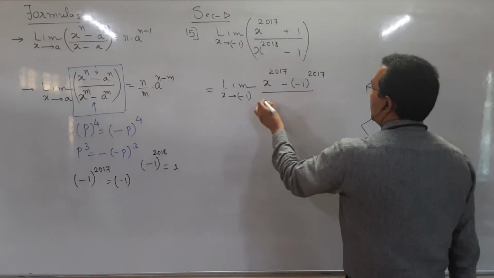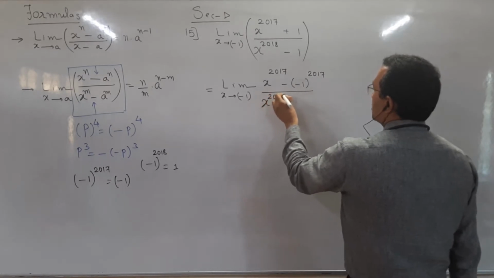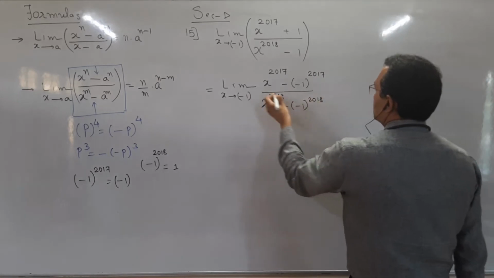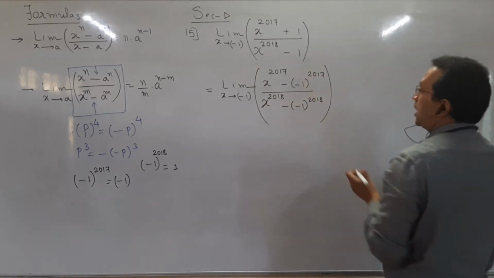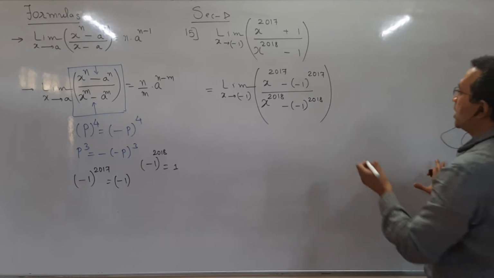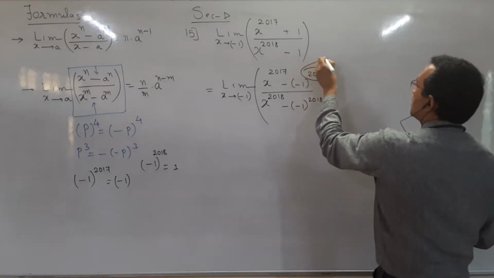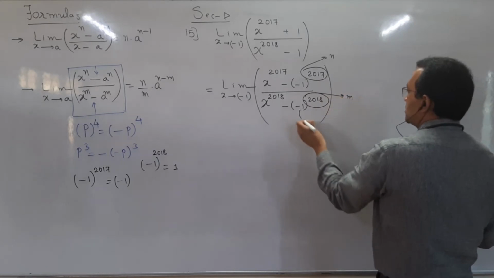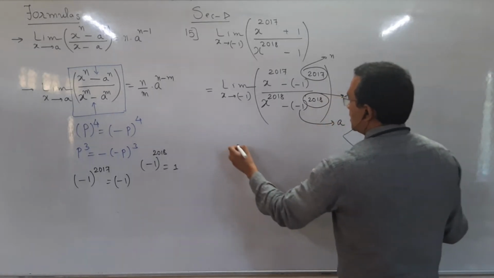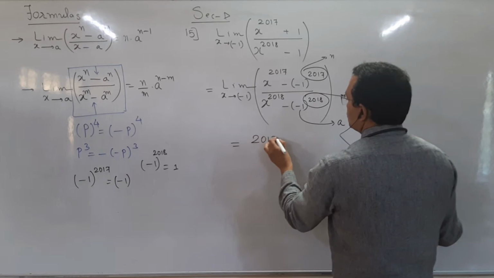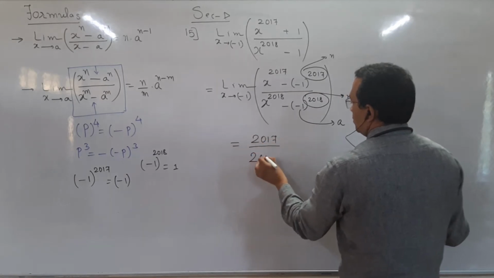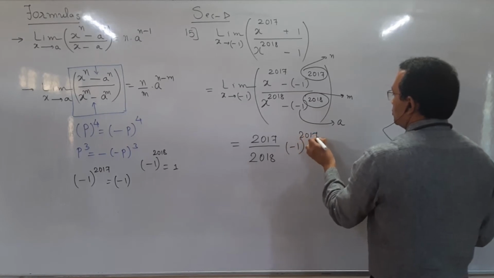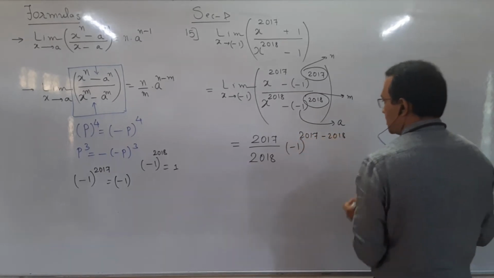So this I am writing x raised to 2018 minus 1 raised to 2018. Now compare with this value becomes n, this value becomes n, this value becomes 8. So the answer is 2017 upon 2018 minus 1 raised to 2017 minus 18.